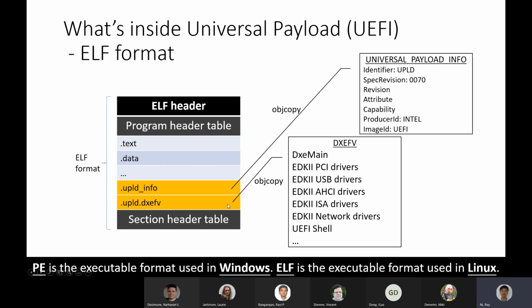Then we have another section, which contains the EDK2 generic drivers, for example, the DXE main or the PCI, USB, and HCI drivers, all of those drivers. And we use objcopy to create two ELF sections to put those binaries.